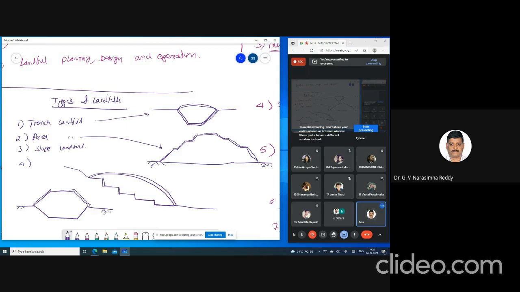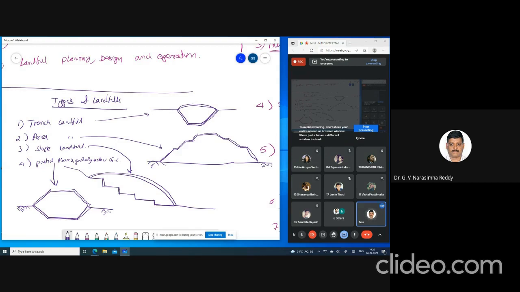The liner, cover, all those things will be there, but it looks something like this. Now if you see, this is partially above and partially below ground level. So generally, this is one way of classification of landfills.